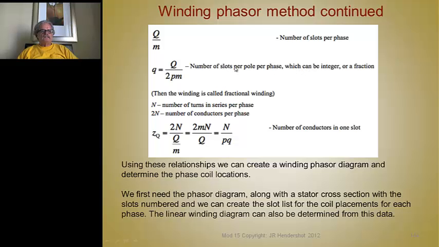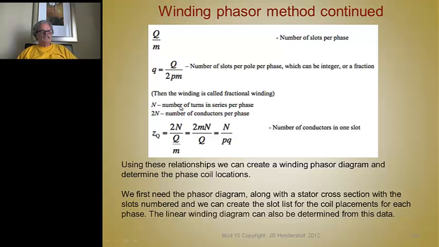Now if I take the number of stator slots and divide it by the number of poles and the number of phases, I wind up with the number of slots per pole per phase. Now this could be an integer or a fraction. If it's an integer, it's considered an integral slot winding. If there's a remainder, it's a fraction, and it's a fractional slot winding, and those are the tough ones to do.